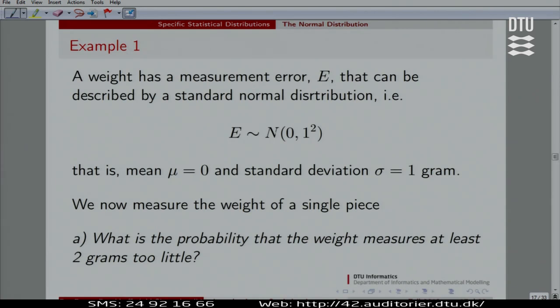Now, here's an example. We assume that we have a measurement error described by this distribution. It's a standard normal. We measure the weight of a single piece, as it says. What is the probability that the weight measures at least 2 grams too little?